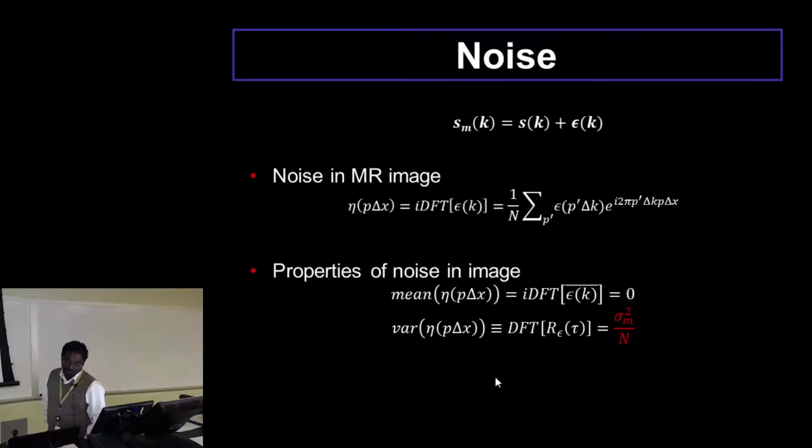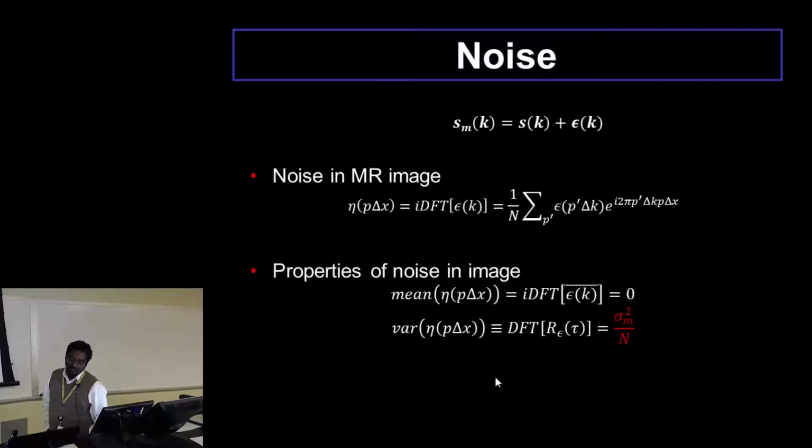Now we made a note that this noise is actually appearing in the frequency domain, which is where we are sampling our data, the spatial frequency domain, or k-space, and it's important for us to understand what its effect is in the imaging domain.